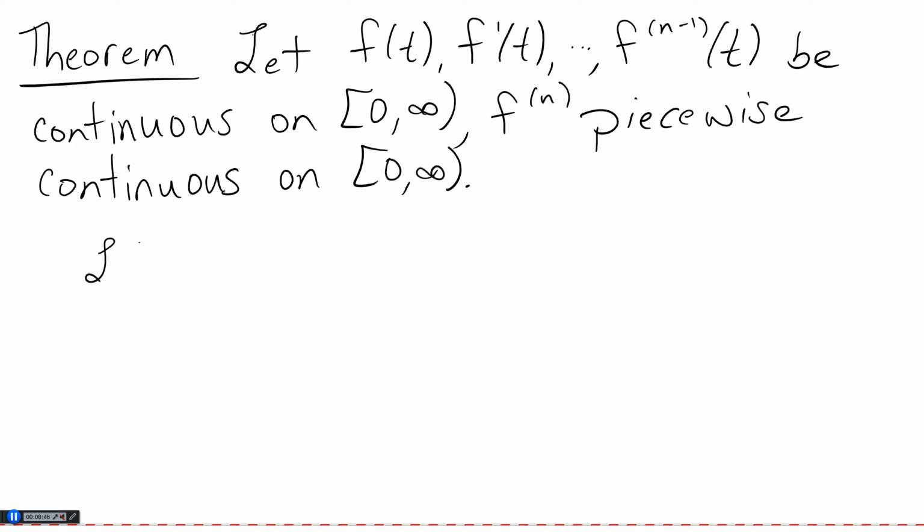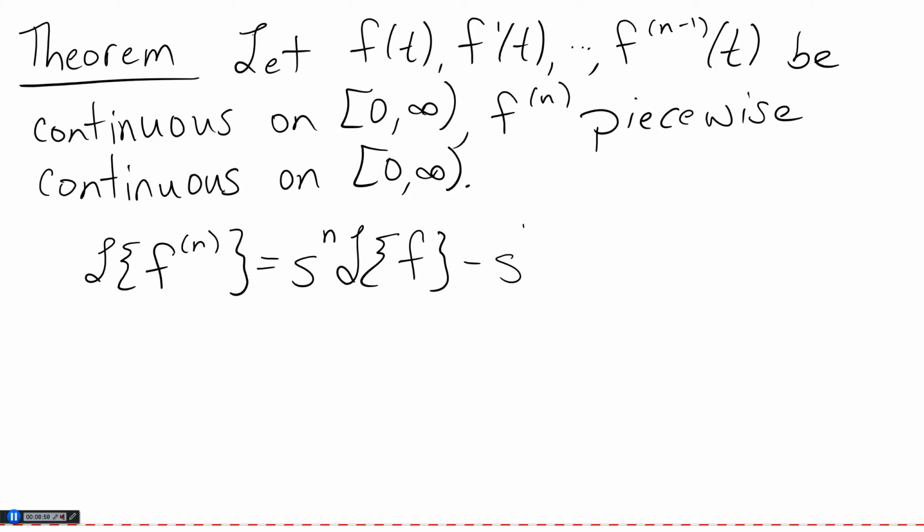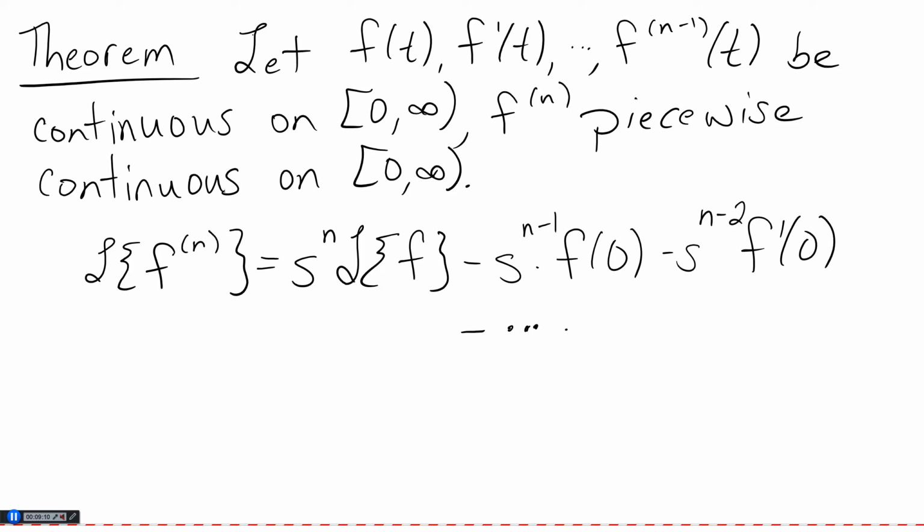Well, then I can take the Laplace transform of the nth derivative of f, and that will be s to the n Laplace of f, minus s to the n minus 1 times f of 0, minus s to the n minus 2 times f prime of 0, and that pattern will keep continuing, minus a whole bunch of dots, minus s times the n minus 2 derivative of f, and then minus the n minus 1 derivative of f at 0.